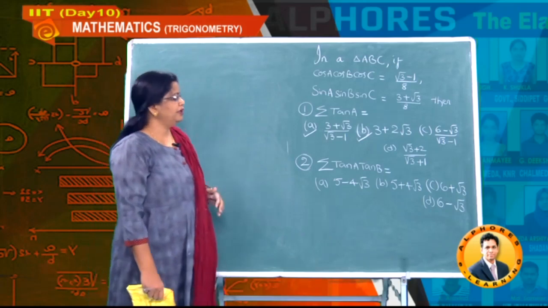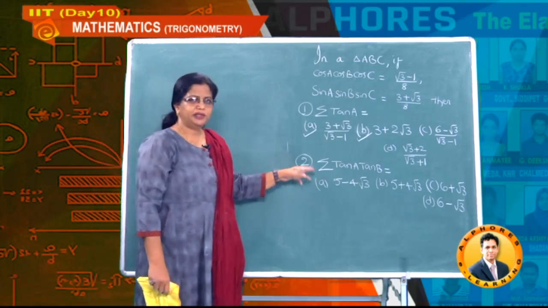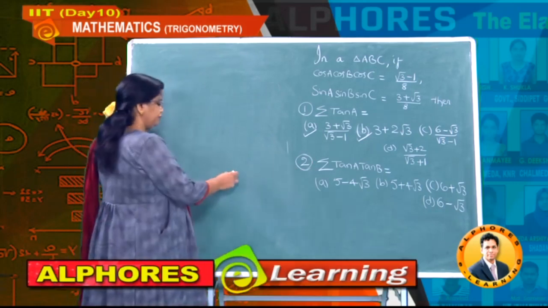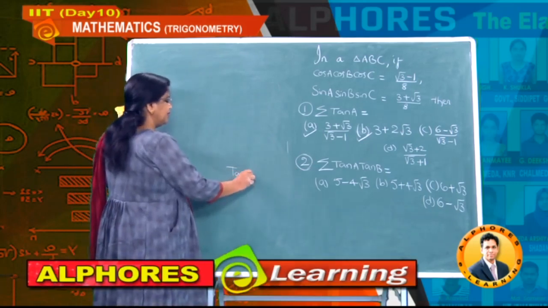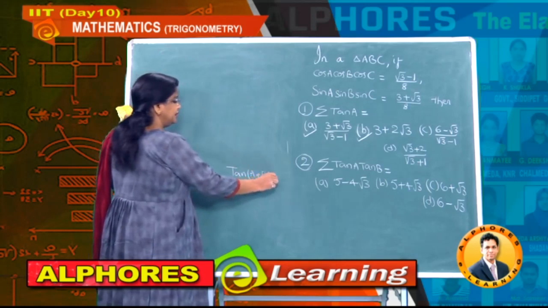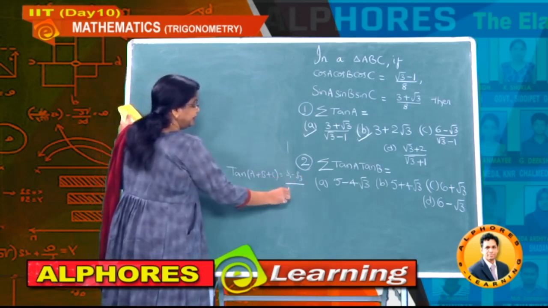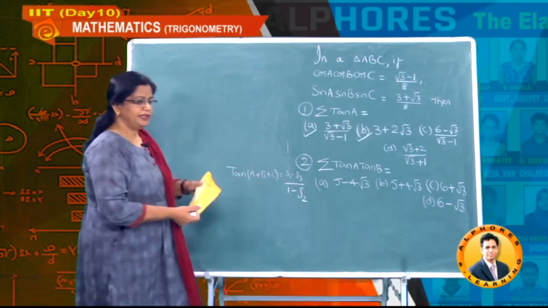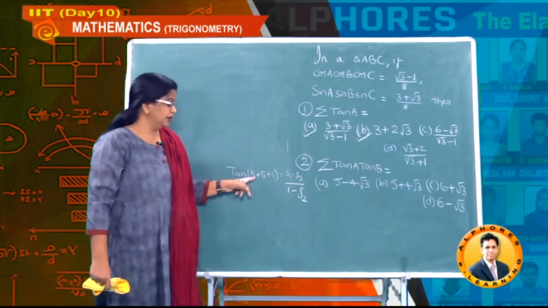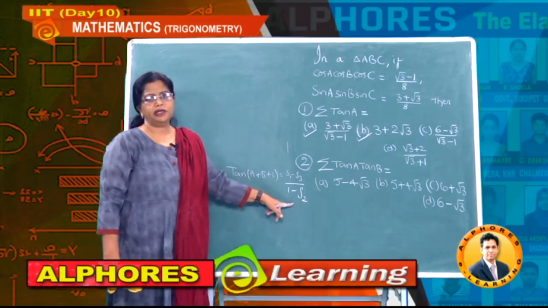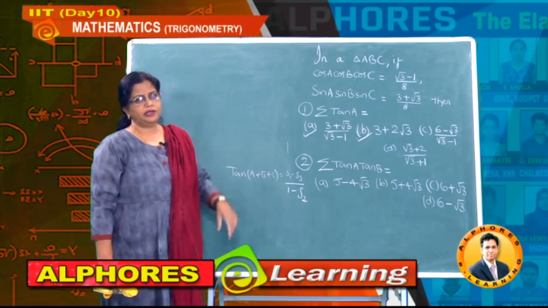Then how to find S2? Understand? So, for S2, using tan of A plus B plus C is no use at all, because A plus B plus C we must substitute as pi, and therefore it is falling in the denominator. As it is falling in the denominator, you get tan pi, which means 0, so you can't get any information regarding S2.